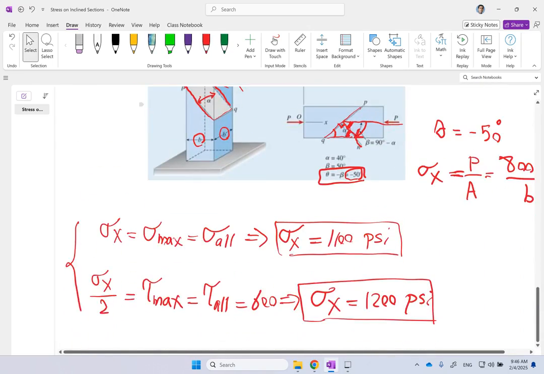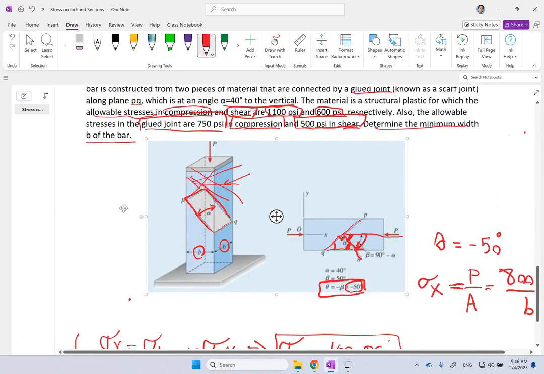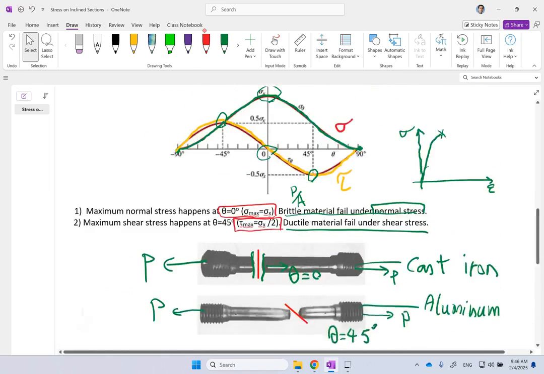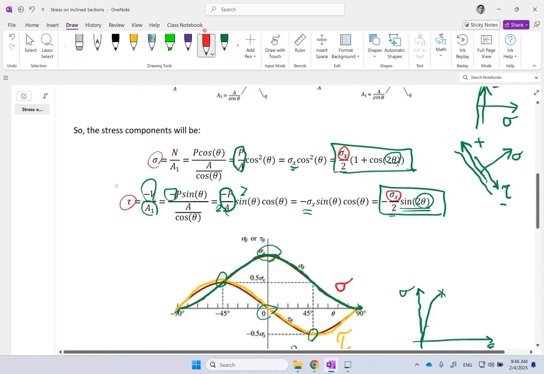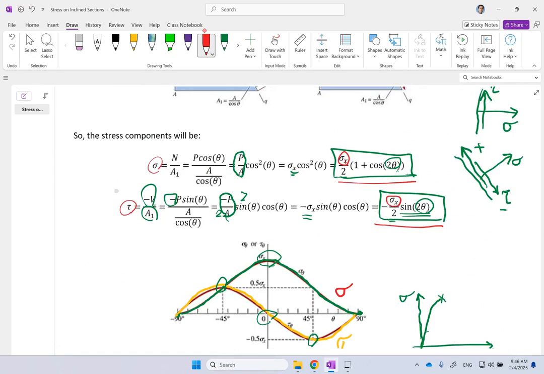So I can directly use these formulas that I got, and I can see what my maximum sigma is. But for the glue joint, the glue is not all over the material. It's only on one specific angle. So for the glue joint, I cannot use these sigma maxes. I have to use these original formulas and use the specific angle for the plane, which is negative 50 degrees.